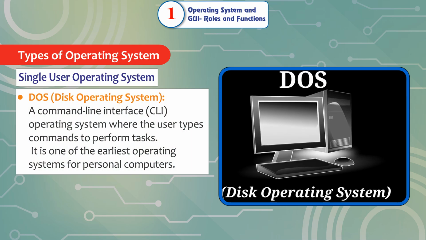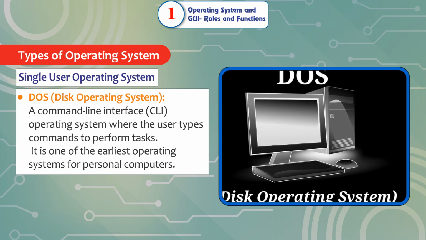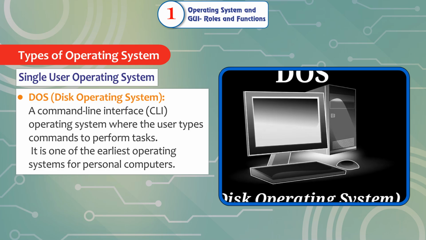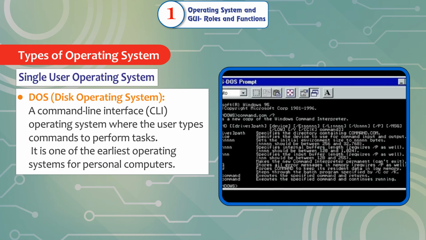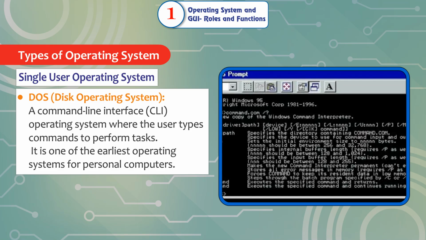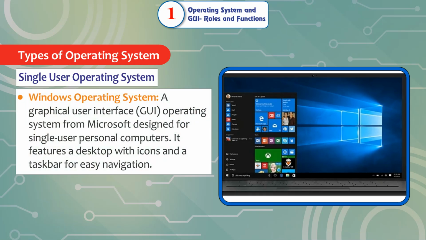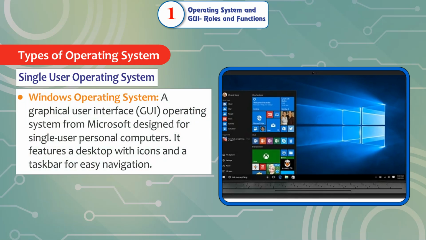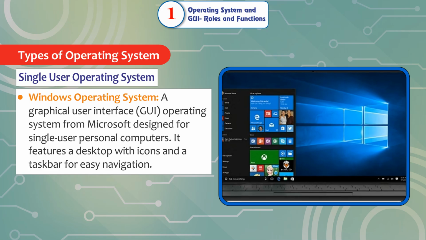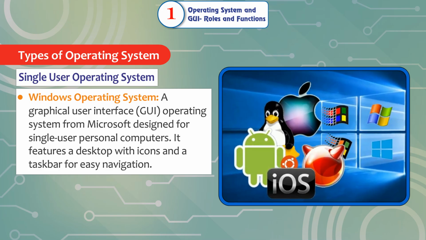DOS, Disk Operating System, a command line interface (CLI) operating system where the user types commands to perform tasks. It is one of the earliest operating systems for personal computers. Windows operating system, a graphical user interface (GUI) operating system from Microsoft designed for single-user personal computers.